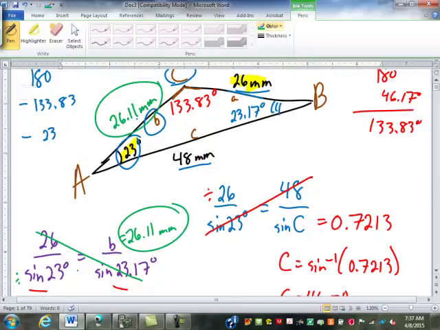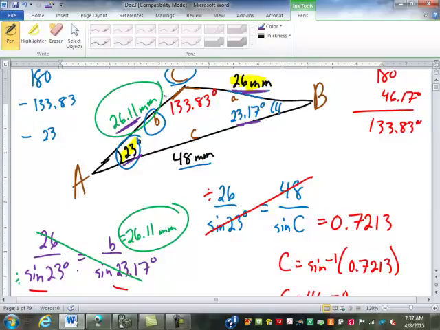And as always, we stop and take a look to make sure our answers make sense. And yeah, 26.11 is just barely larger than 26. 23.17 degrees is just barely larger than 23 degrees, so it does all fit in.